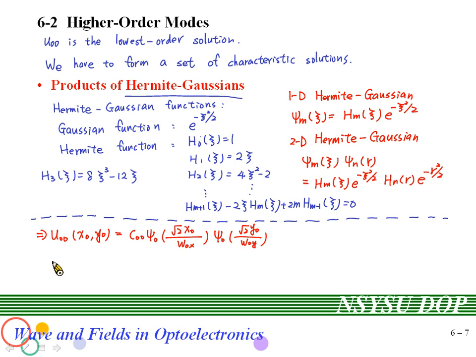And then we can know that the UMN function can be expressed as CMN, which is the factor, and along the x0 direction, the order of Hermite-Gaussian will be m.